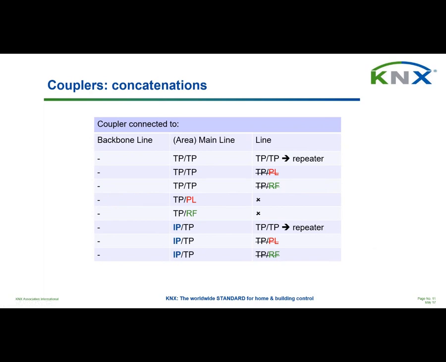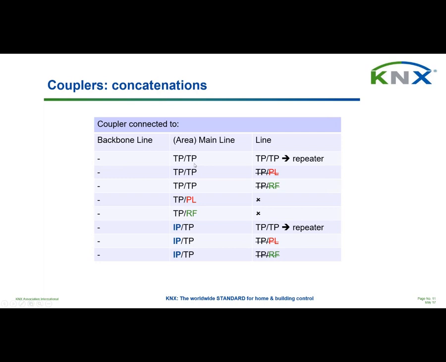Now let's have a look when there's an installation where no backbone is used, so where it is actually limited to one area. Well, then the same principle applies. It's more or less the same as before, but then of course one step or one level lower.